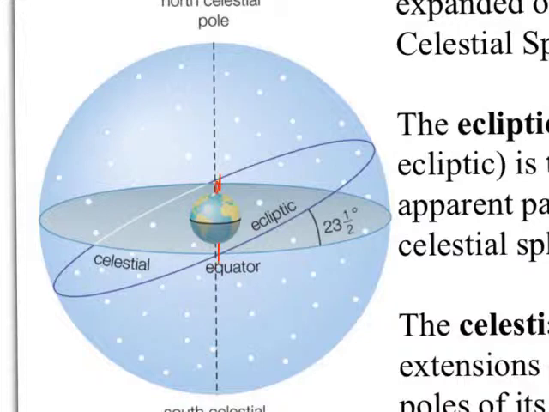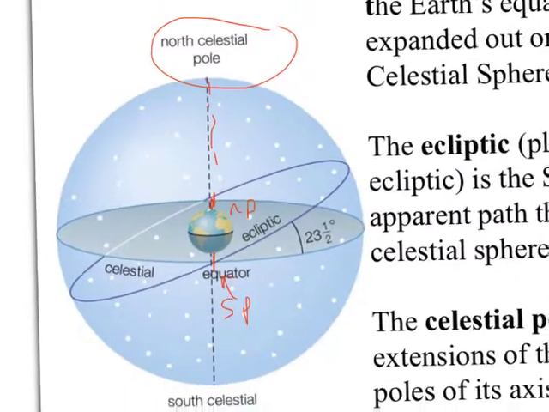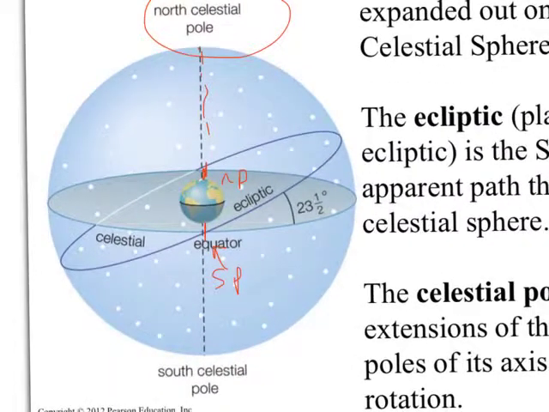This is the North Pole for the Earth, and this is the South Pole. If you take the North Pole and extend it up, you meet what is called the North Celestial Pole, and similarly, the pole down here is called the South Celestial Pole.